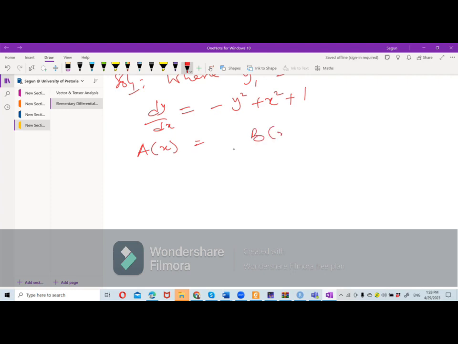What is our b of x? Check your notes. And what is our c of x? Before we solve it, anybody? Check your notes, the one we just did. How do you relate a of x? A of x in this case is negative 1. Do you agree with me? Hello? Yes, I agree with you, sir.